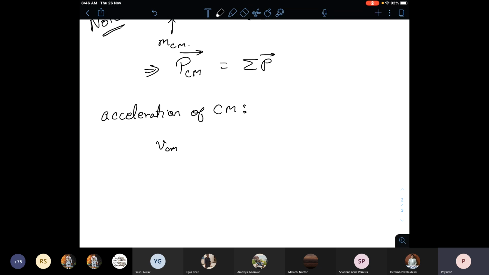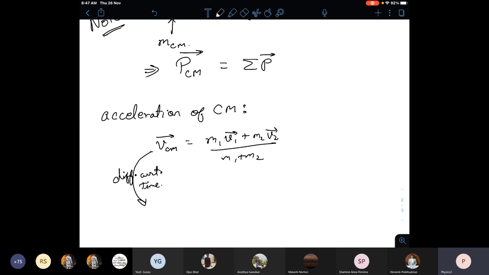VCM can be written as M1 V1 plus M2 V2 upon M1 plus M2. This is the formula for velocity of center of mass. Now if you want the acceleration of center of mass, we can simply differentiate the result once again with respect to time, same as we did with position.